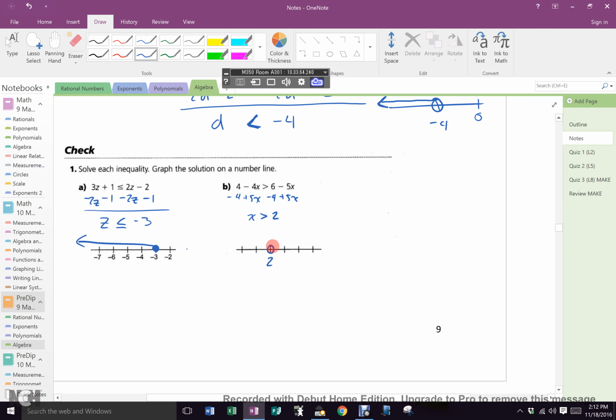Non-shaded or open. This is a closed dot. This is an open dot. And the arrow goes right. Because 0 doesn't work. Letters on the left, so we follow the arrow. Everybody good? Great.